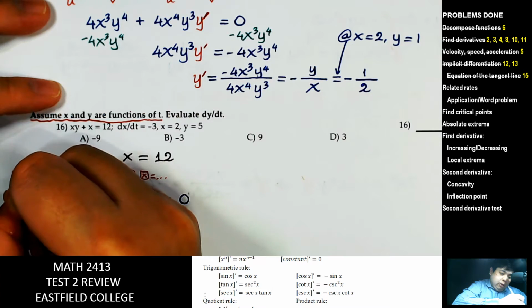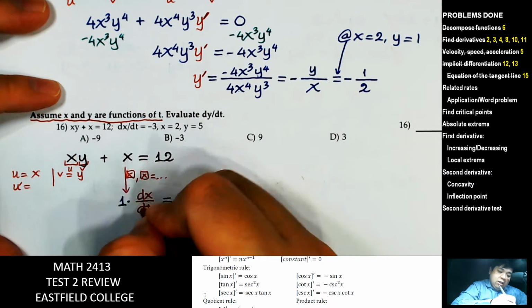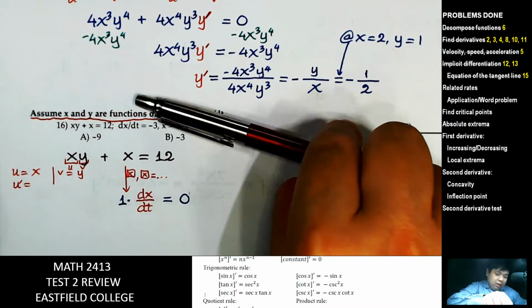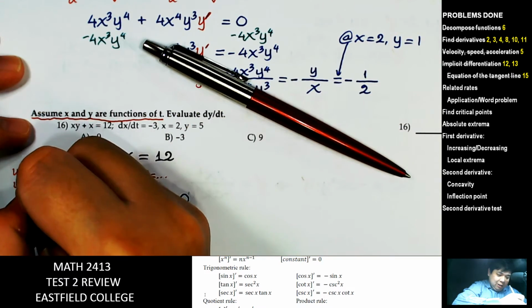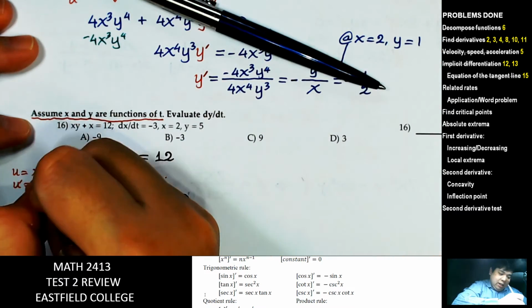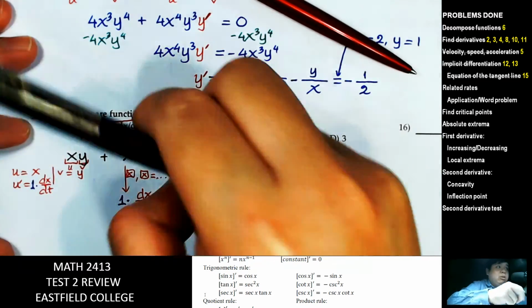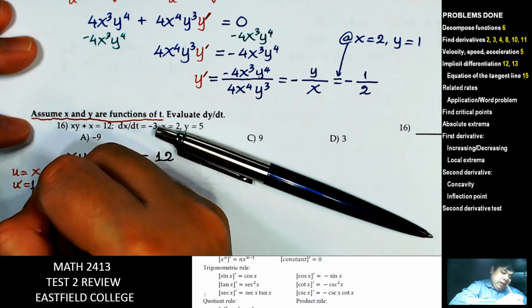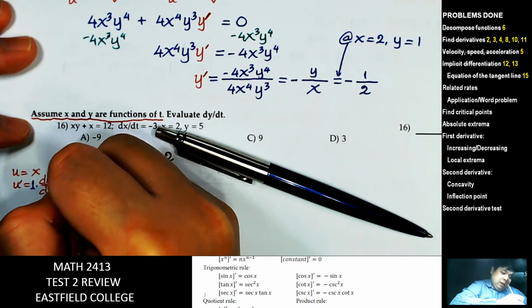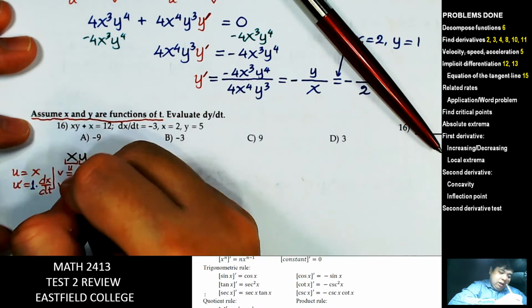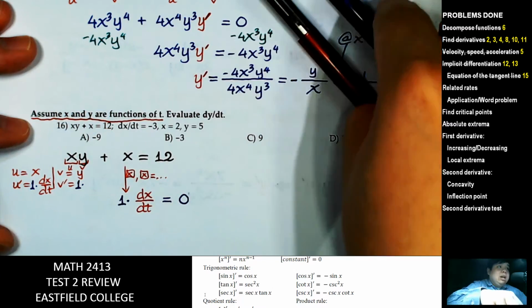The derivative of u, just like this, is going to be 1, and dx over dt, and the derivative of v is y, which is 1, and dy over dt.